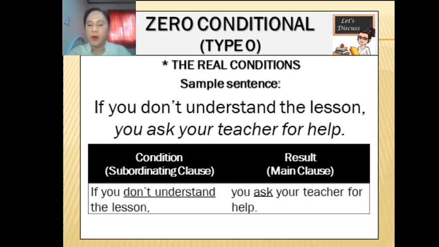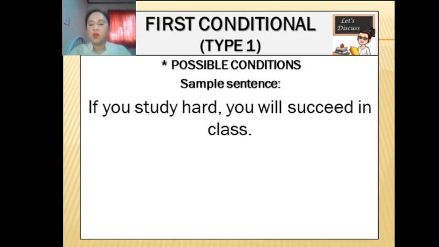That's why you use "don't understand." The result, "you ask your teacher for help," you have to use the word ask because, again, it should be a simple present verb.